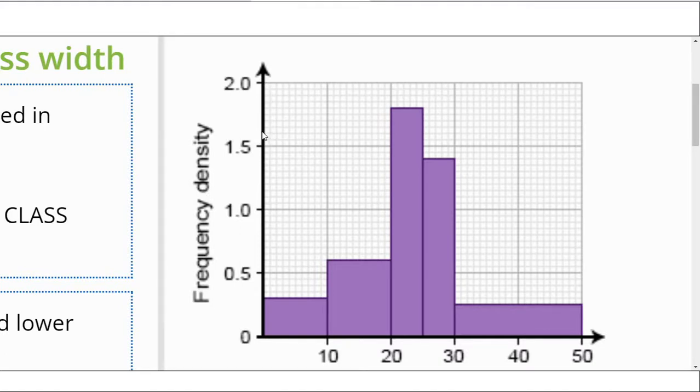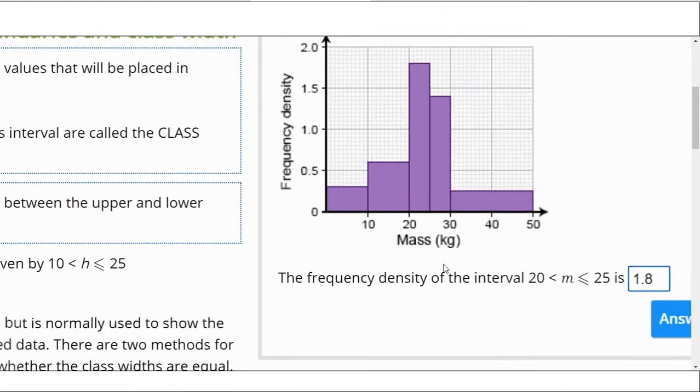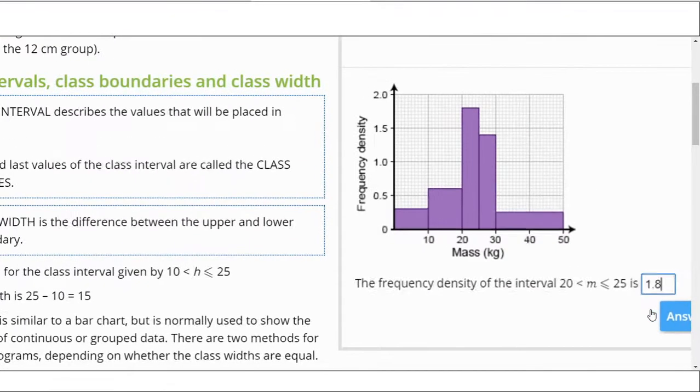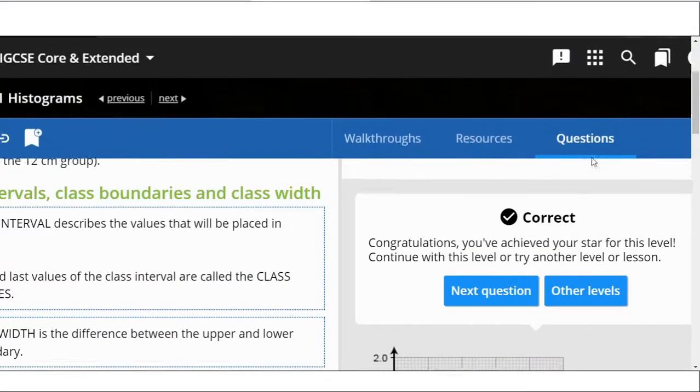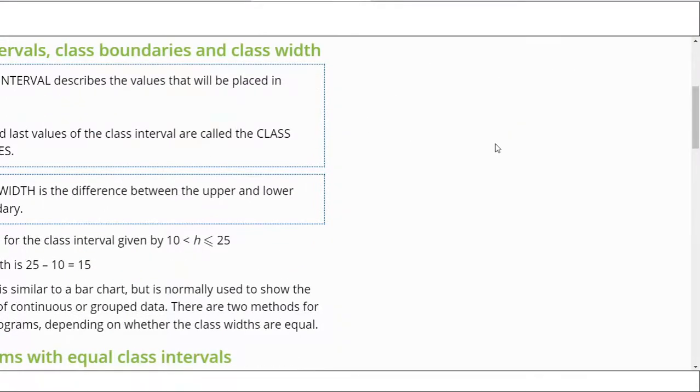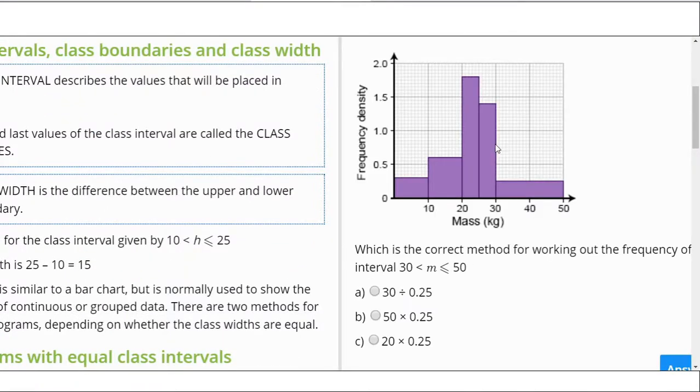So here represents 0.1. Two boxes represent 0.1, so it's 0.2 and 0.3, so 1.5 plus 0.3, so it's 1.8, so it's the correct answer. Correct again.